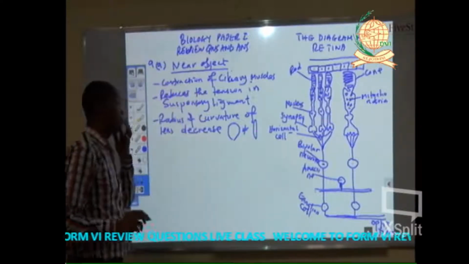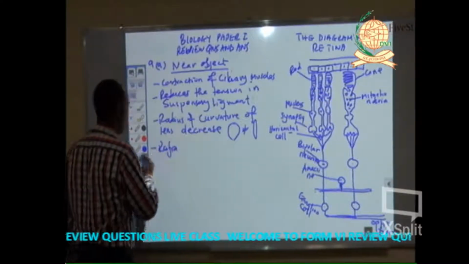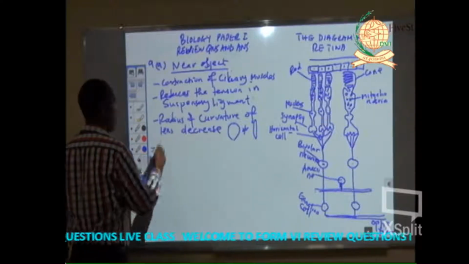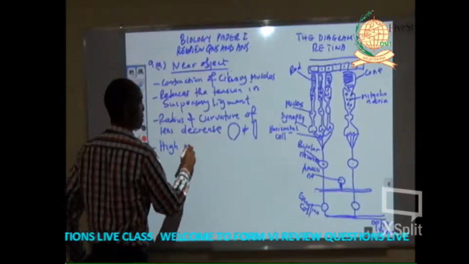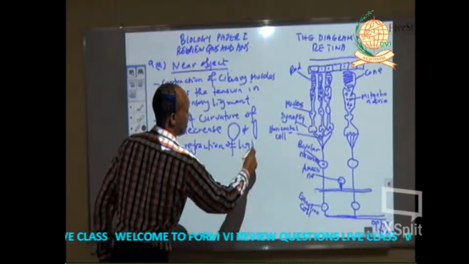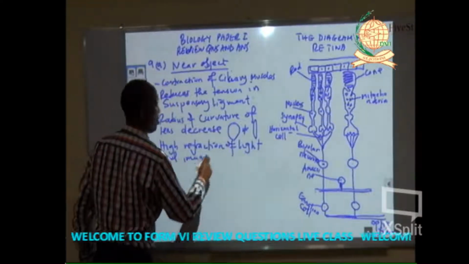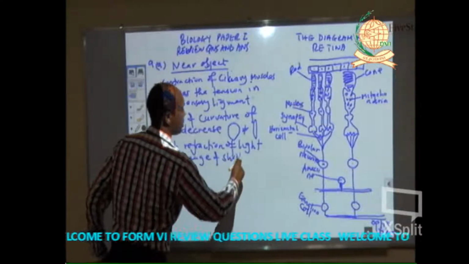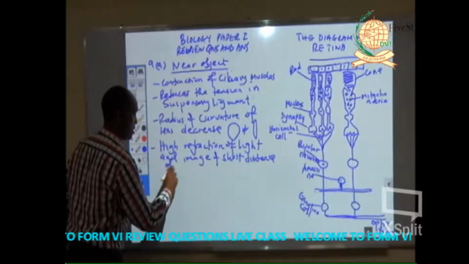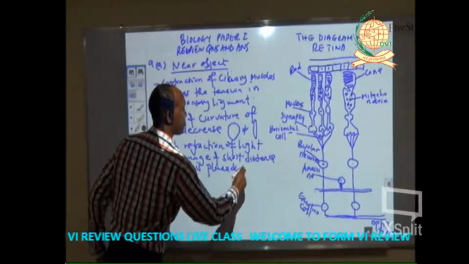If it decreases, there is high refraction of light, and the image of the short distance object is placed on the retina.